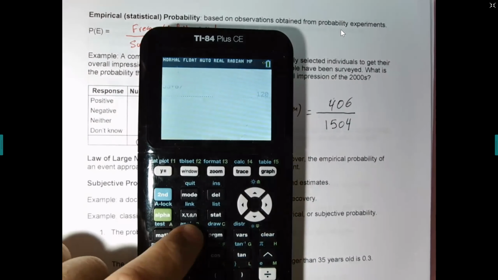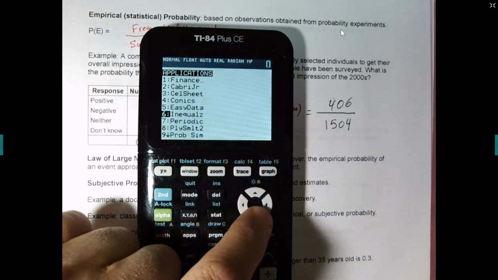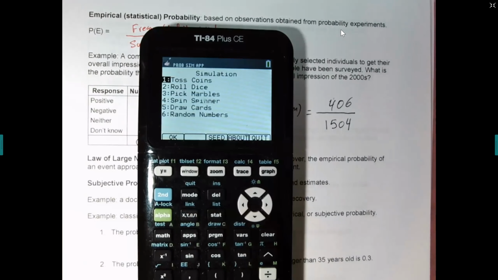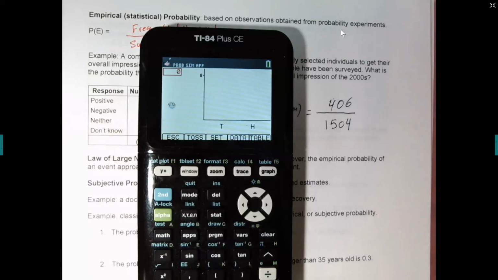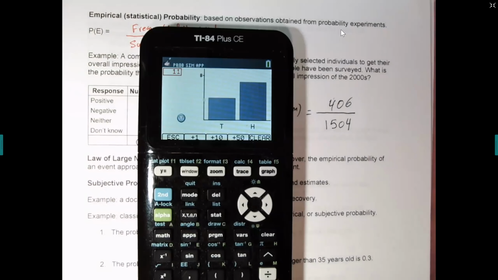So if we go to the apps, probabilities, toss coins. Okay, let's toss. Okay, let's do it 10 times, guys. You see, you feel that there are more heads than tails. Let's do it more now.